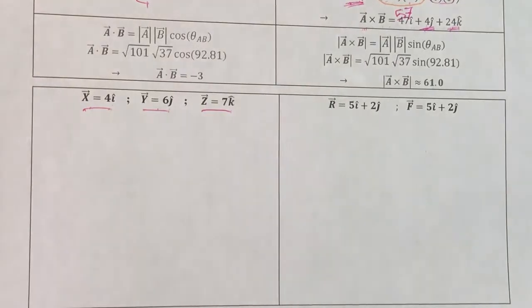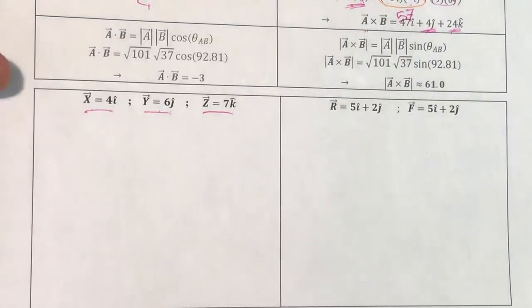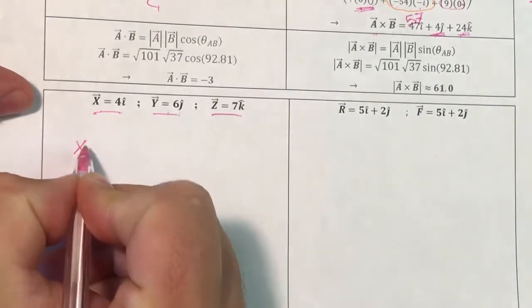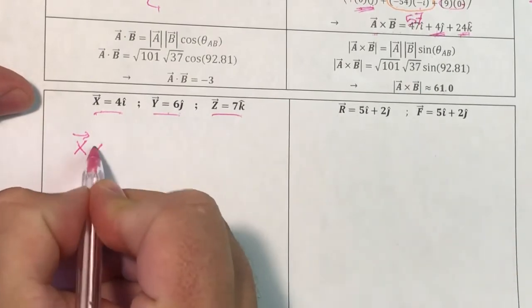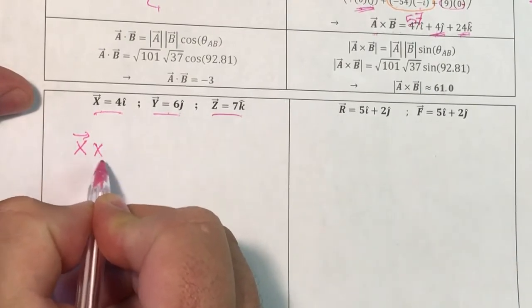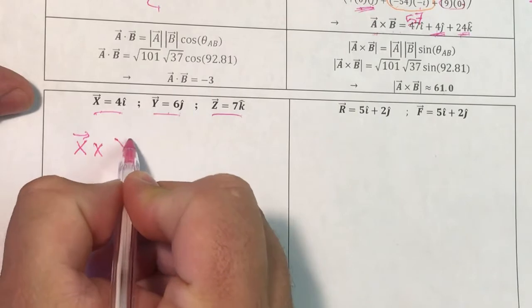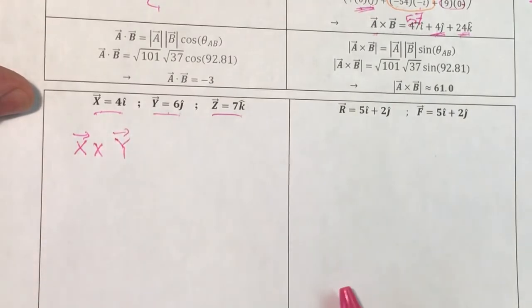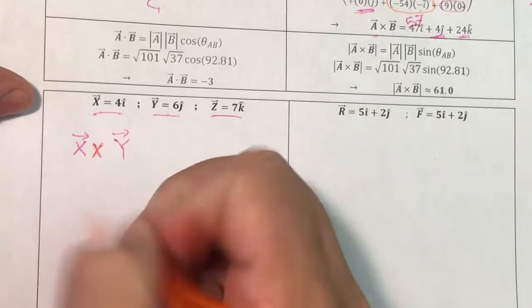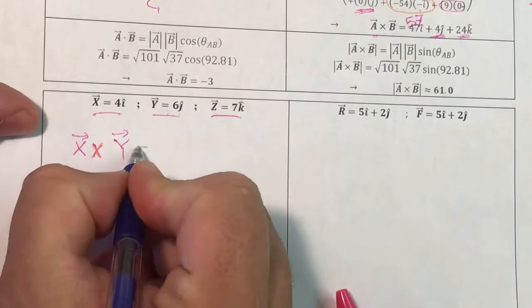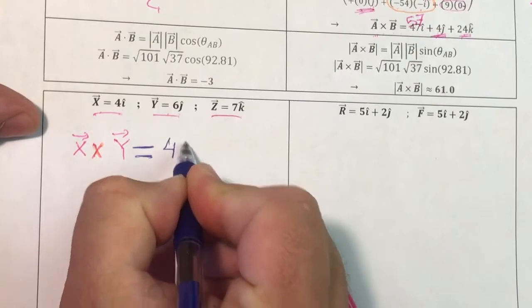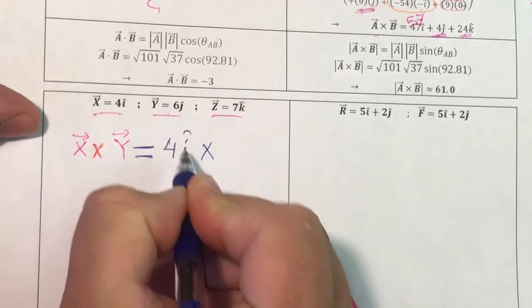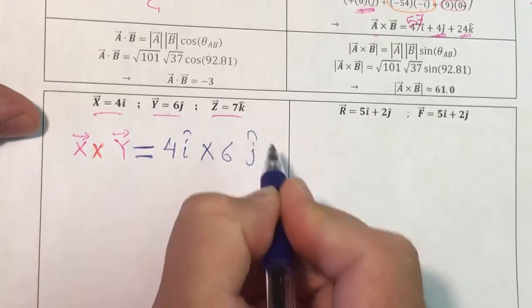But what if we need to find the cross product? I will do this one. X cross y will be 4I cross 6J.